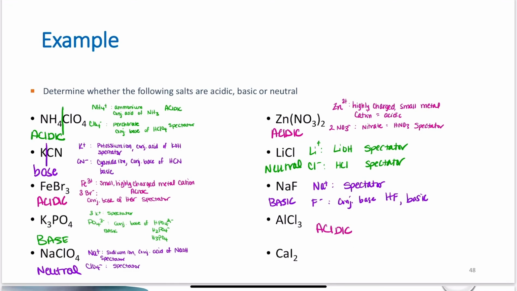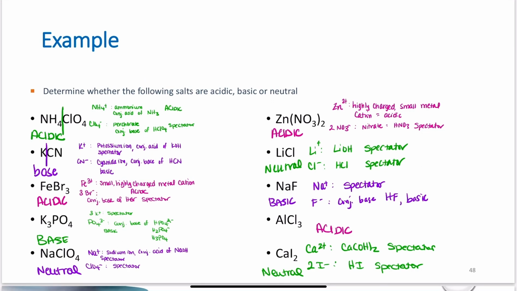And CaI2, Ca2+ comes from calcium hydroxide, strong base, so spectator. 2 moles of I- comes from HI, strong acid, also spectators. So this will be neutral.